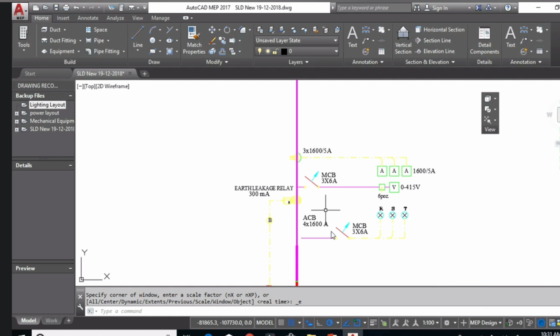And here I also have the measurement for my panel. This is the current transformer and ammeter to measure the current, and here I also have the voltmeter to measure the volt, and this is the indicator lamp.